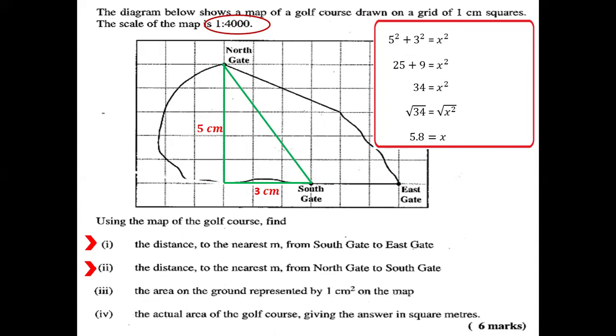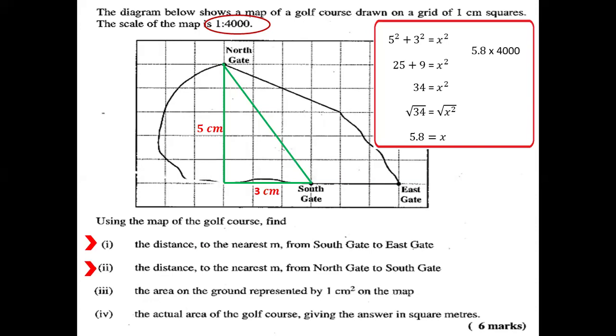CSEC seems to love the idea of 5 squared, 9 squared, 4 squared. So let's really get used to those square numbers, all of them up to the square of 12. So 5.8 is the length on the map from the north gate to the south gate. But what they want is the distance in meters, which means on land.